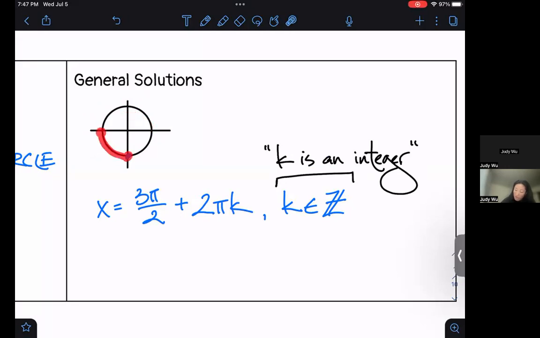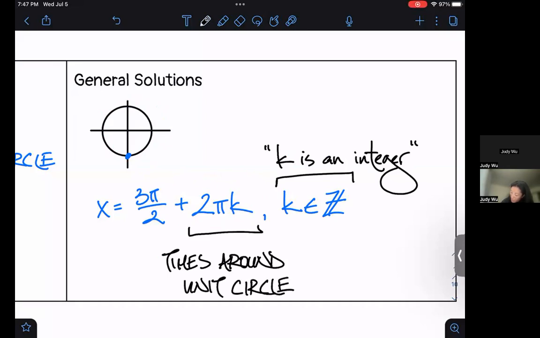If I go negative, 1 time 2 pi, I'm going to get back to where I started. So this fancy thing is really saying times around the unit circle.